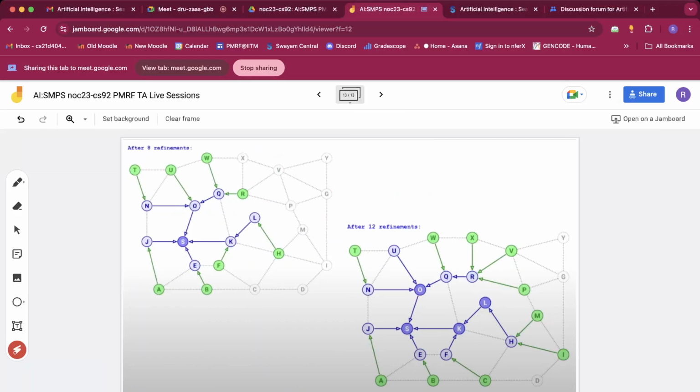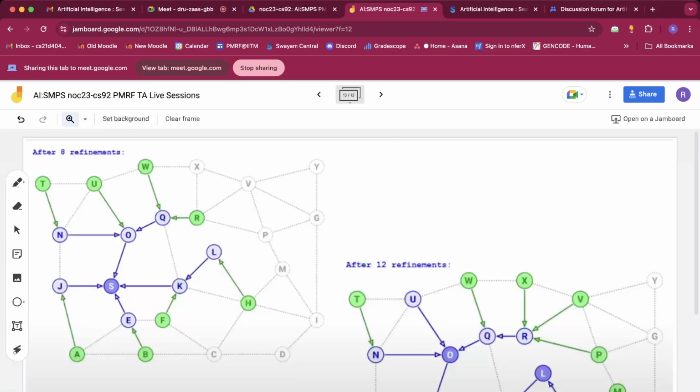The left figure is with 8 refinements and the right figure is with 12 refinements. I'll zoom in a bit. So here you see that S is one of the nodes that has only closed neighbors. But even in this situation, we will say that the kernel is empty because, like it is mentioned in the question, we never consider S to be explicitly part of the kernel.